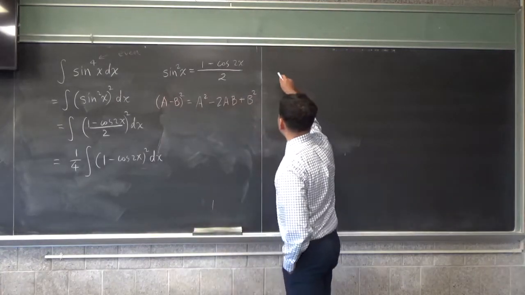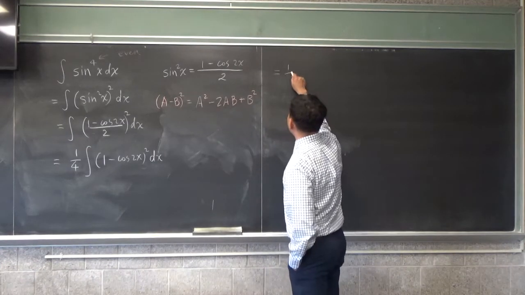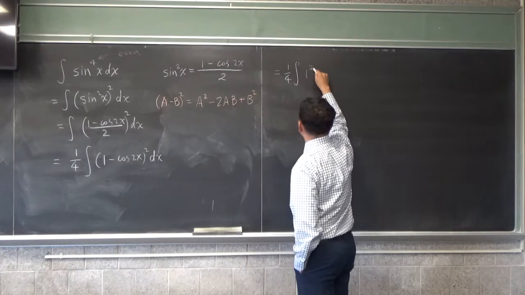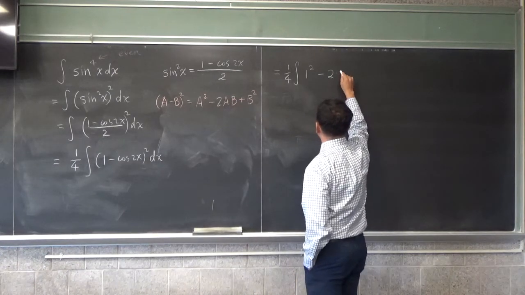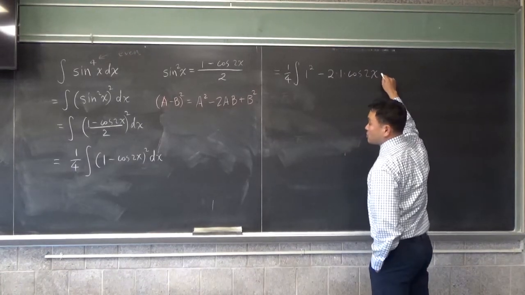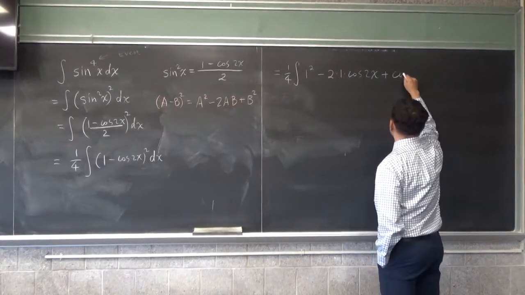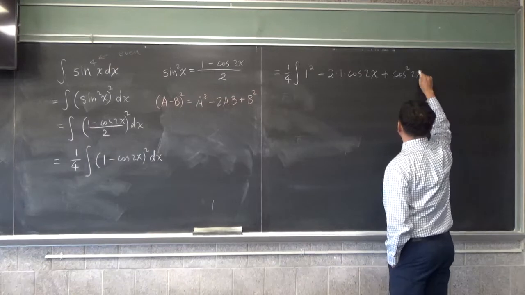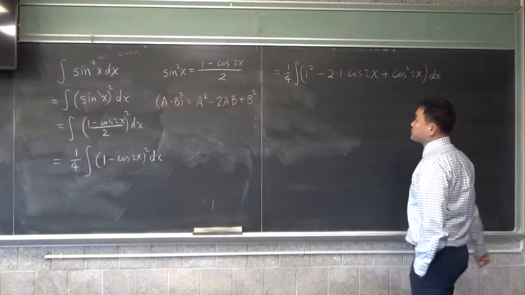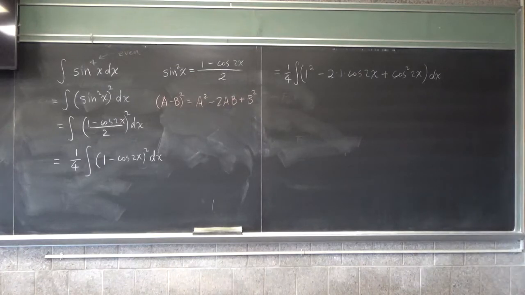So that you end up with 1/4 of the integral of 1 squared minus 2 times 1 times cosine 2x plus cosine squared 2x. Okay.